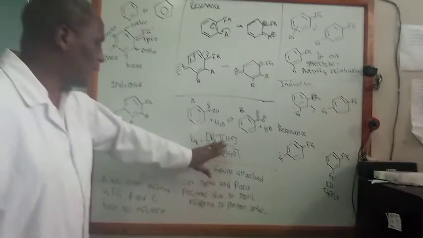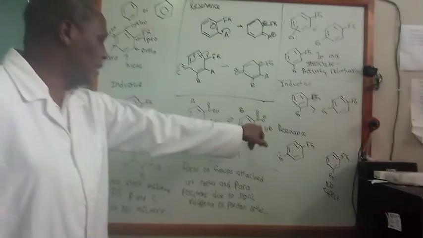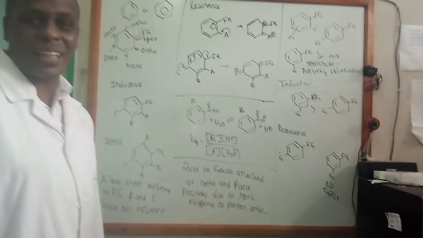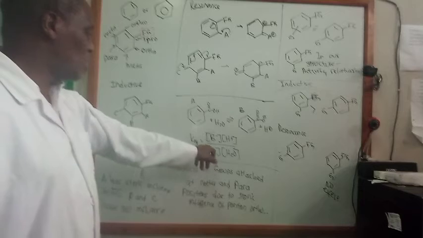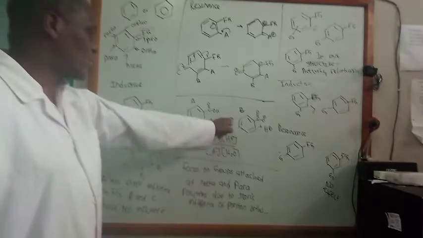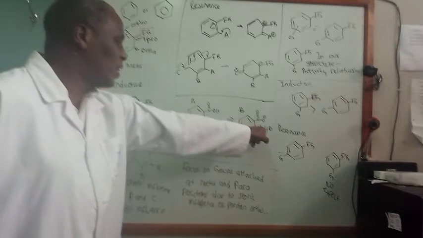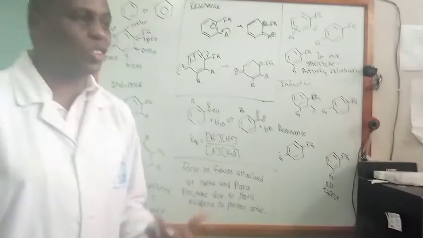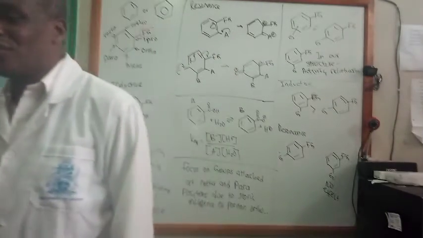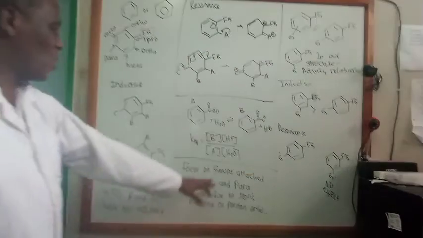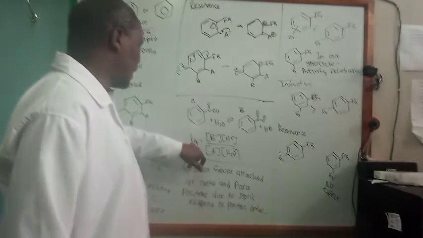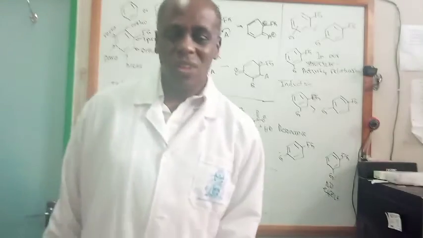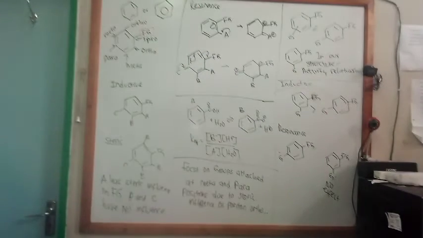So the equilibrium constant, if I say that carboxylate is B, and the un-ionized benzoic acid is A, the equilibrium constant should be the concentration of B multiplied by the concentration of the proton, over A multiplied by the concentration of water, which is 55 moles, which is normally constant.